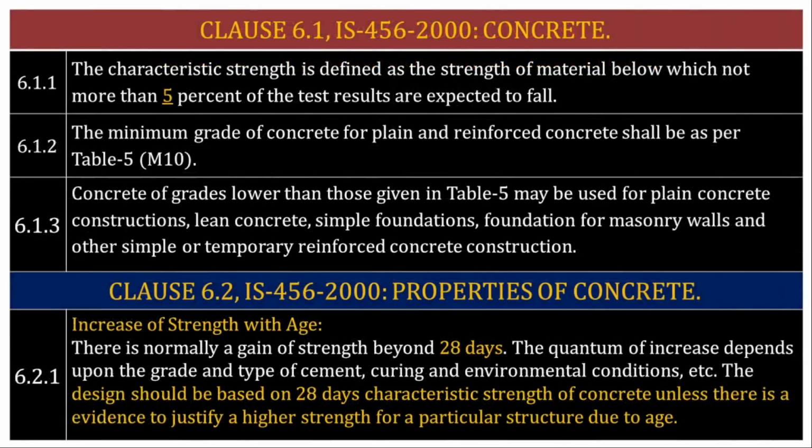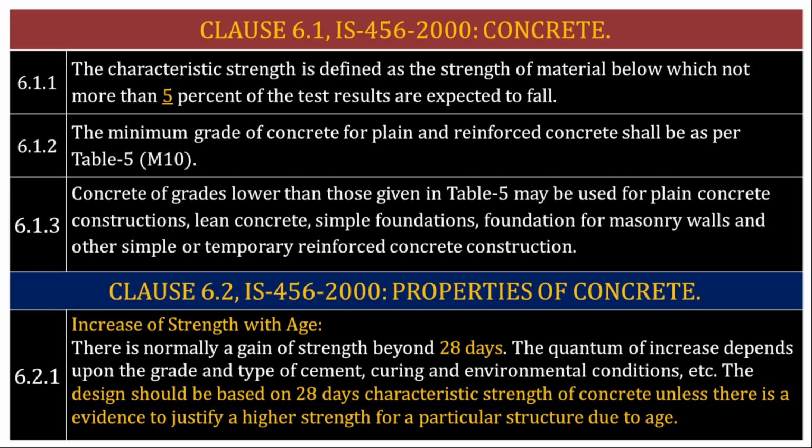Clause 6.1, IS-456-2000, Concrete. Clause 6.1.1. The characteristic strength is defined as the strength of material below which not more than 5% of the test results are expected to fall. Clause 6.1.2.